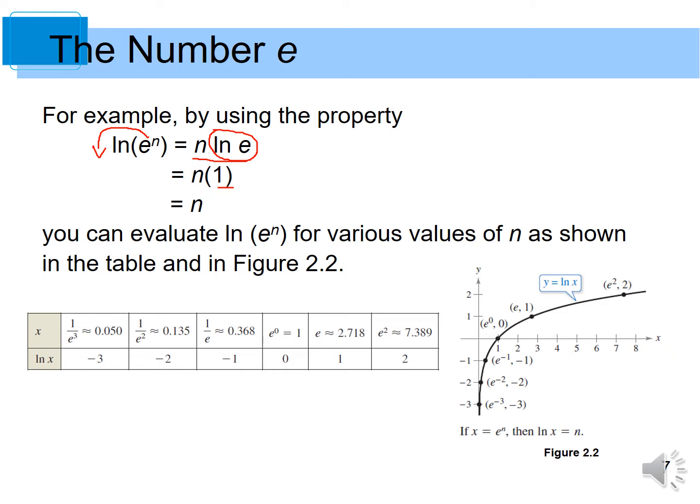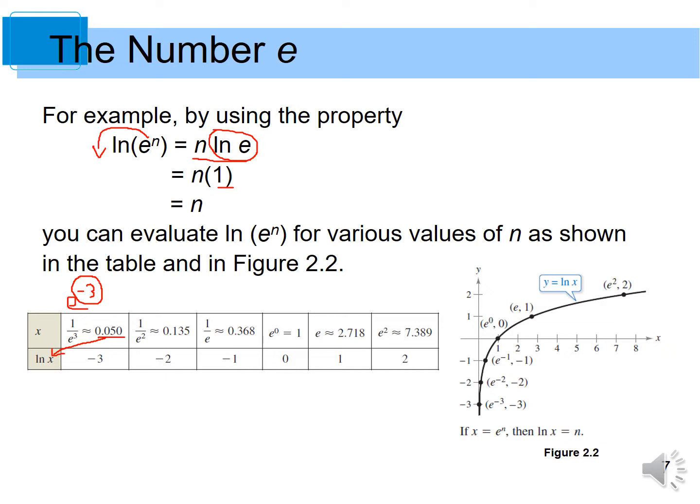1 over e cubed can be written as e to the power of negative 3. This is a reciprocal form. And for the x value 0.05, when you substitute into the natural log function, the output is negative 3. So look at the graph.